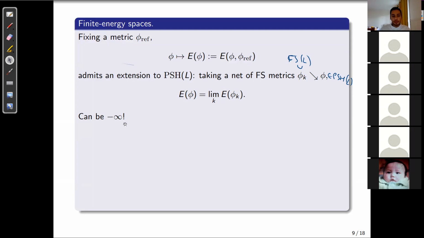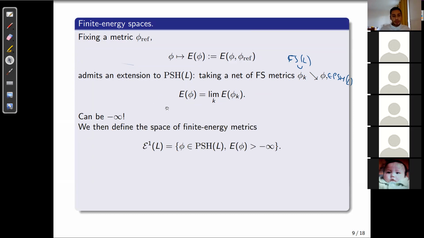Well, it can be minus infinity, but it makes sense at least to take this limit. And now we can define simply the space of finite energy metrics as the space of those PSH metrics that have finite energy.